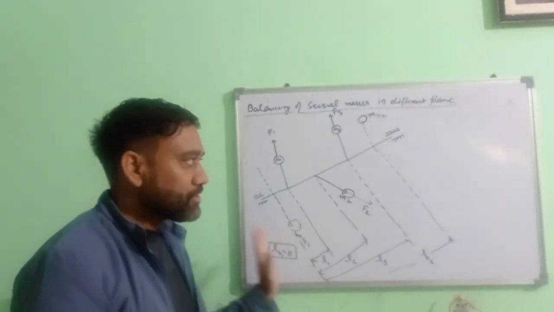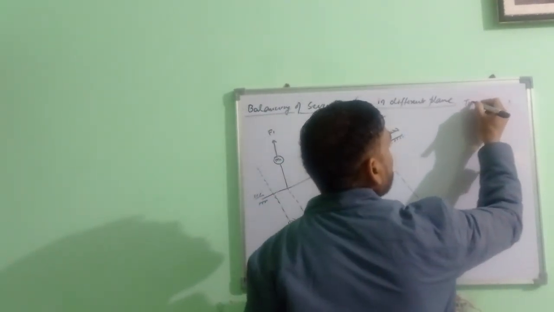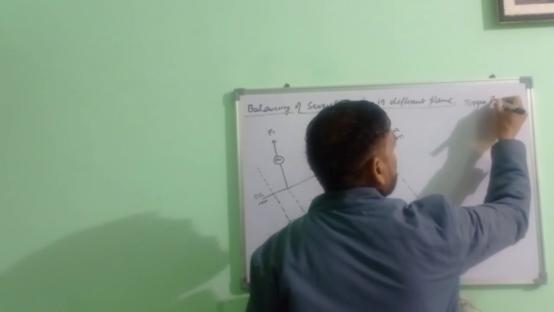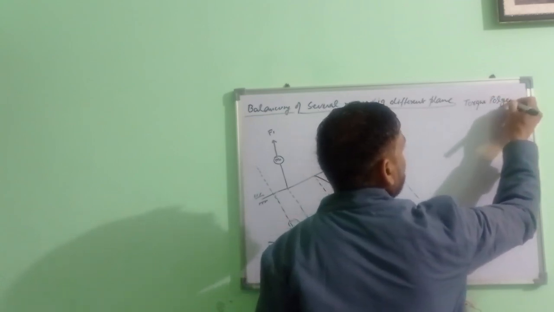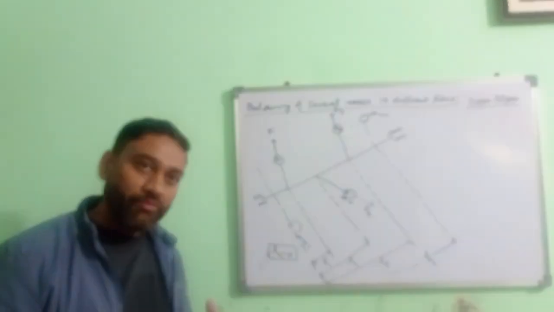So first we draw a torque polygon, due to this couple. Two polygons we can make in this problem: the torque polygon, and then the force polygon.